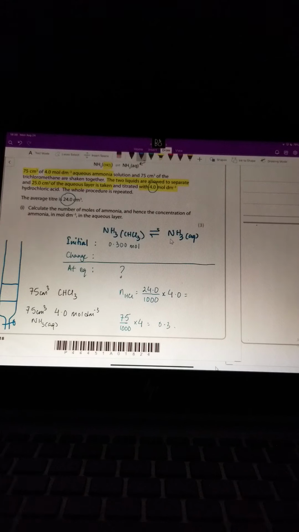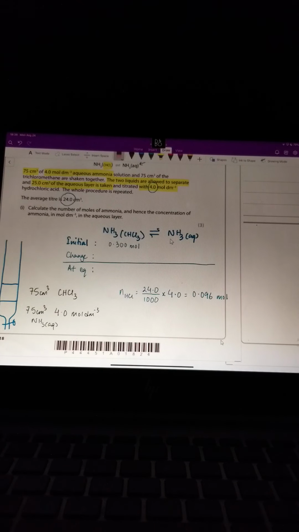What is this? 0.096. So that's the amount of moles. Does everyone understand what the experiment is? Everyone? Okay, so that's my number of moles in 25 cm.